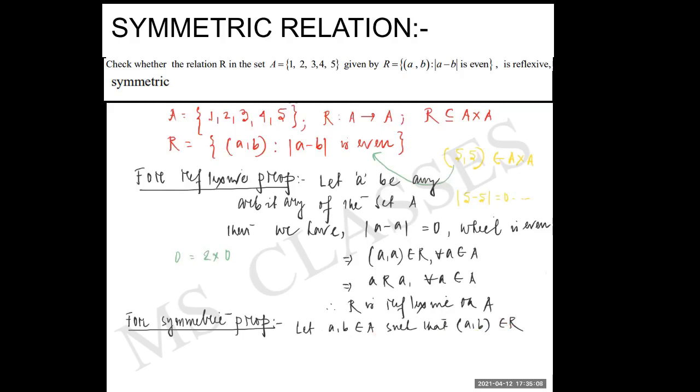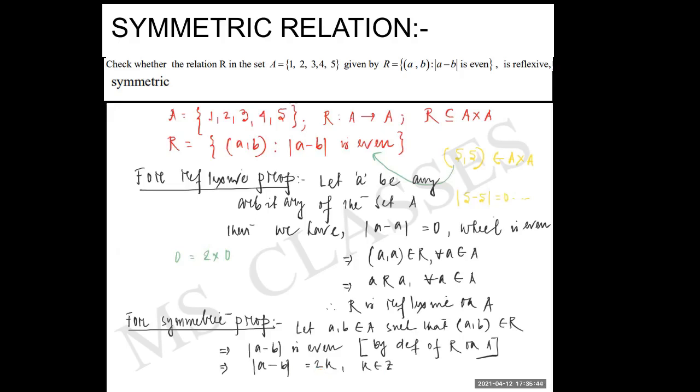Now, what is the meaning of that? Write it down. Mod of a minus b is even. How have I written that? Write it down: by definition of R on A. So that means mod of a minus b equals 2k, where k belongs to Z. Children, you know, whenever it is an even number, it is a multiple of 2.